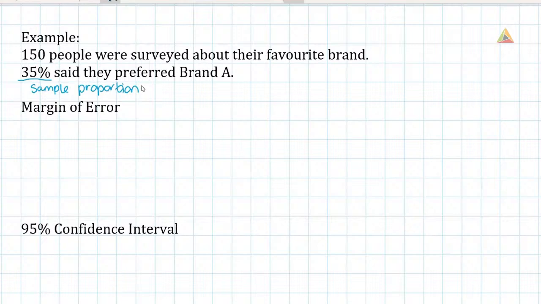It's the amount out of the sample that gave a certain opinion or selected a certain answer. This gets a symbol and it's called p hat. So p hat has this little arrow on top of it, and that's going to be the sample proportion. We're going to try and infer something about the population proportion, which gets the symbol p.